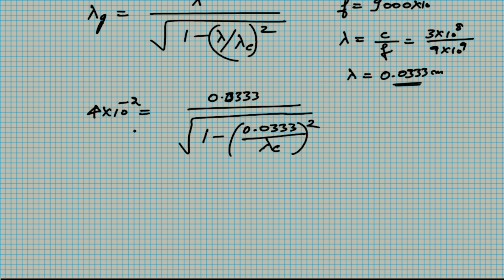So this is one equation and only one unknown, so we'll be able to calculate that. Find out the value of lambda c by solving this equation.